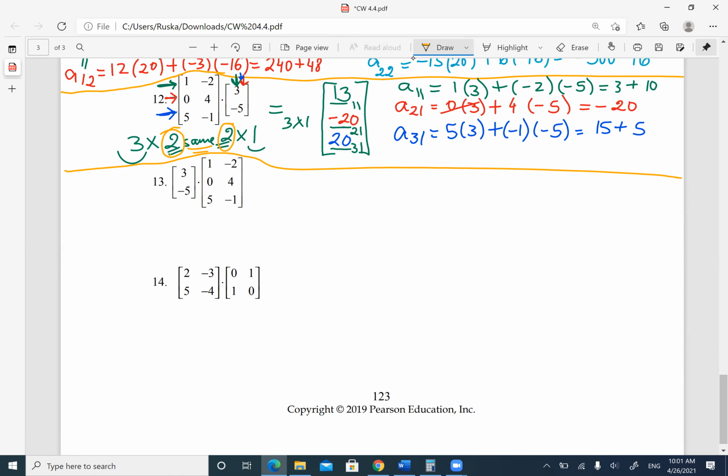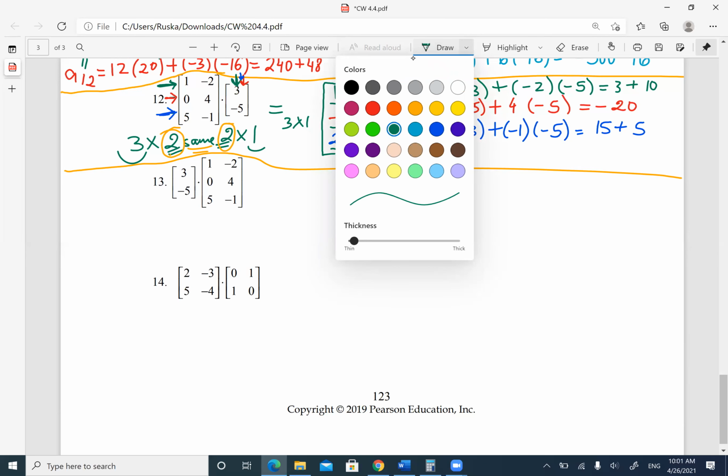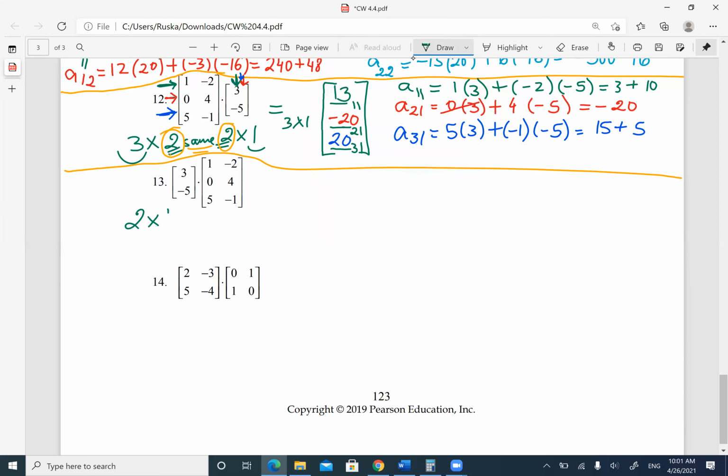So, for example, the next one, 13, that one would be undefined, correct? Yes, let's double check 13. So 13, we have 2 by 1, right? And this one you have 3 by 2. Yes, this one is going to be undefined because these two numbers are not the same. Absolutely correct. Everybody understand that?